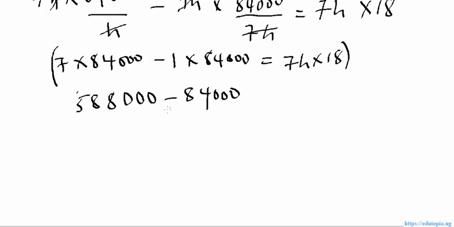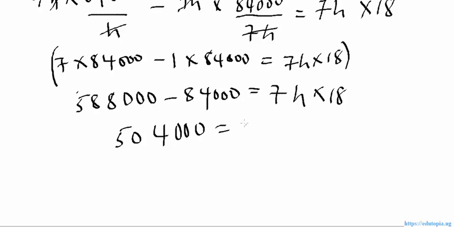So 7 of this is here and 1 of this is here, so when you subtract 1 of it, you are left with 6 of it. Just trying to make it easier so that it doesn't get confusing. Now when you subtract 84,000 from 588,000, we have 504,000, which is equal to 7H times 18.